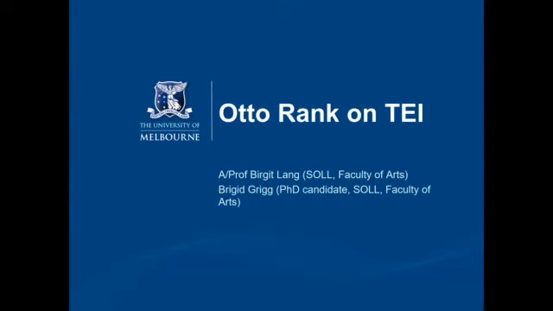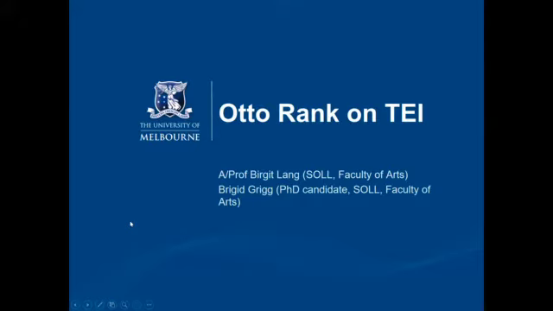And it's also a little bit a child of COVID, because we can't travel and can't distract ourselves in any different way. So what I have is a manuscript by Otto Rank, and Brigid has helped me with this as the key RA in the project, and she's also a PhD candidate in our school.